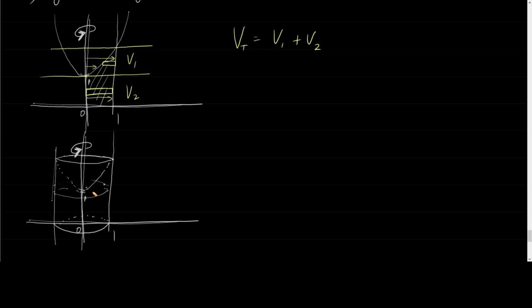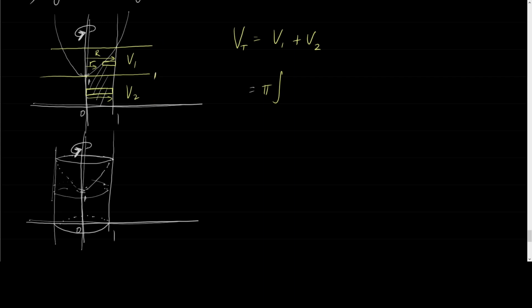Now let's see how to set this up as our volume. So we say volume 1 plus volume 2. Well, volume 1 is going to be using these two radiuses, where this is the big radius and this is the little radius. So we've got pi integral, and we need y values for our bounds. We know that this value is 1.